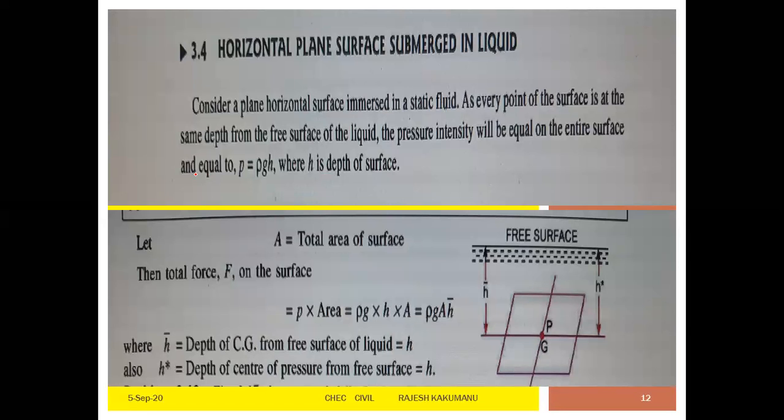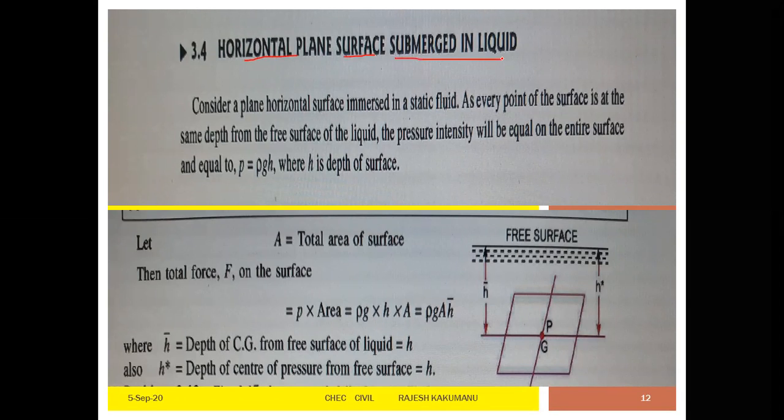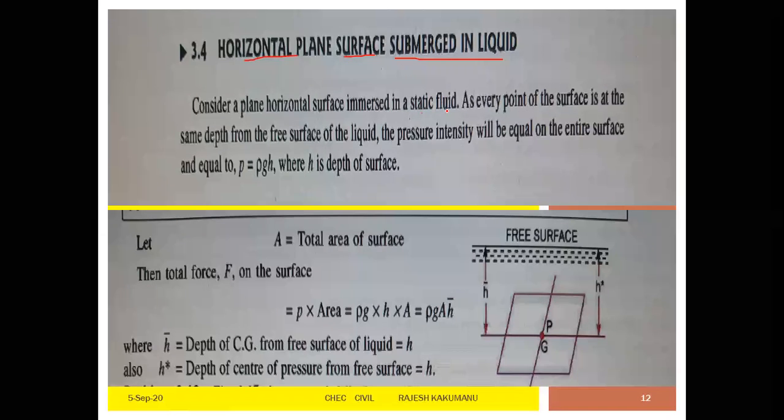The next one is objects horizontally suspended in the liquid. The horizontal objects, plane surfaces submerged in the liquid. How is it submerging horizontally? Now take the same experiment. Consider a plane horizontal object immersed in a static fluid, where the water is not moving. Take an object, maybe a square, triangle, rectangle, trapezium, or circle.